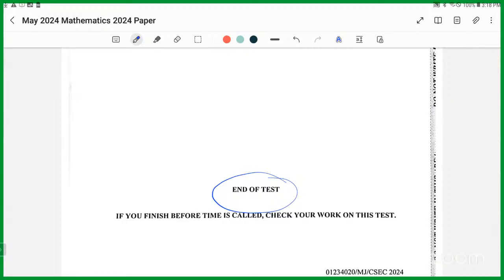Once again, 16. Yeah, we're going to work on them. And 40%, we are going to work on them. Those are some nice marks.